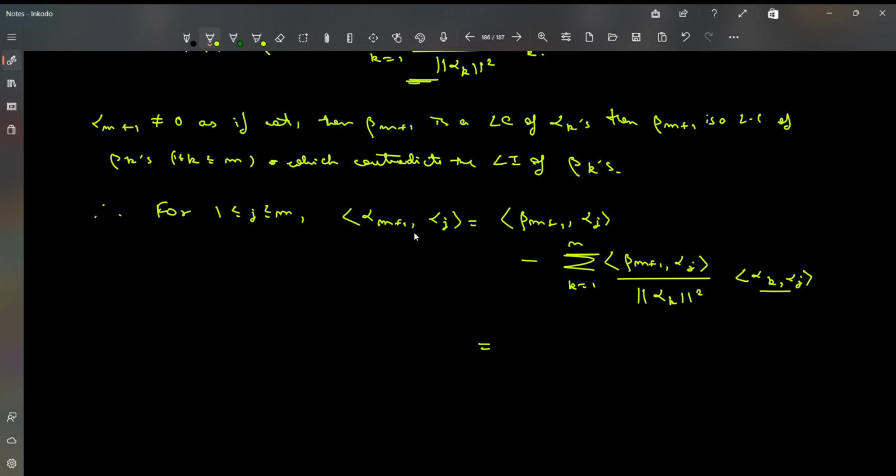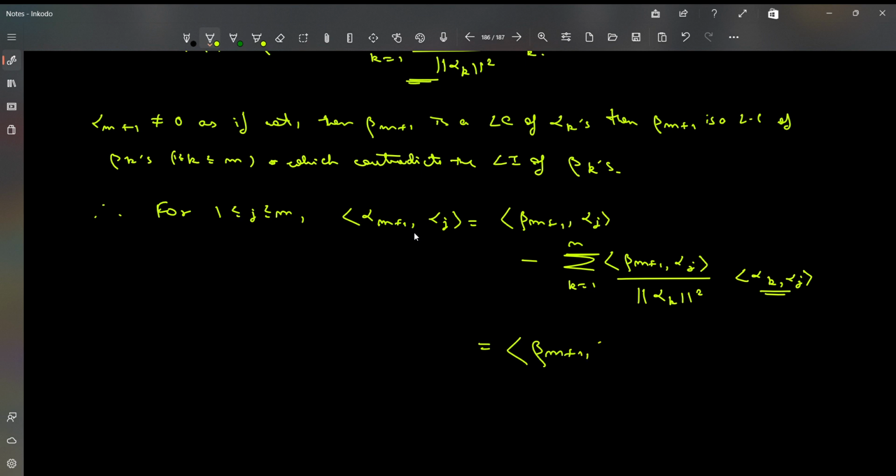If k equals j, then this part becomes the norm of alpha j squared. In the denominator at that point we also have the norm of alpha j squared, so these two cancel out because they are obviously non-zero, and hence we are just left with the inner product of beta m plus 1 with alpha j.